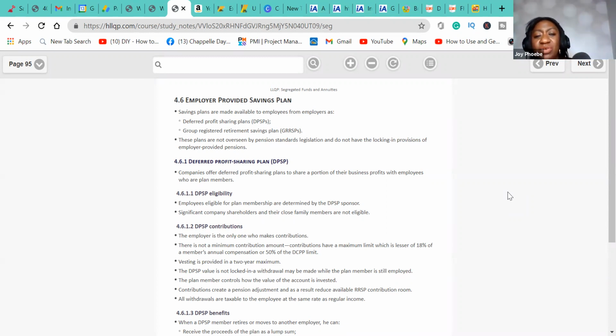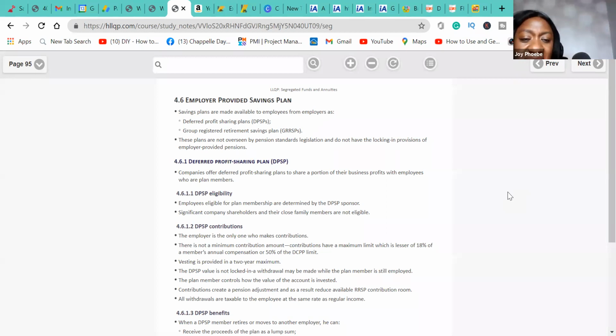Now we are moving on to employer provided savings plans. Okay. What are the employer provided savings plans? Savings plans are made available to employees from employers as deferred profit sharing plans and group registered retirement savings plans.